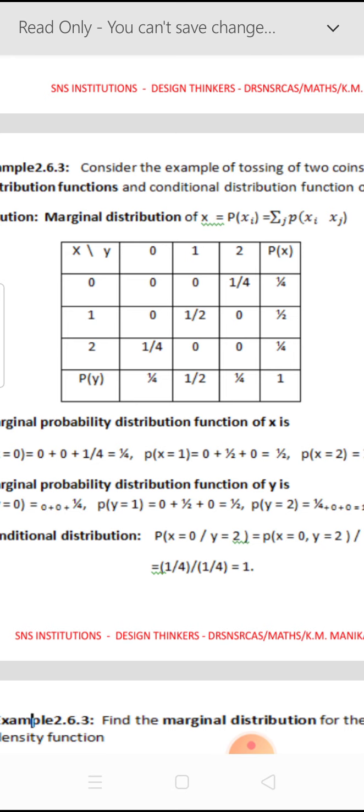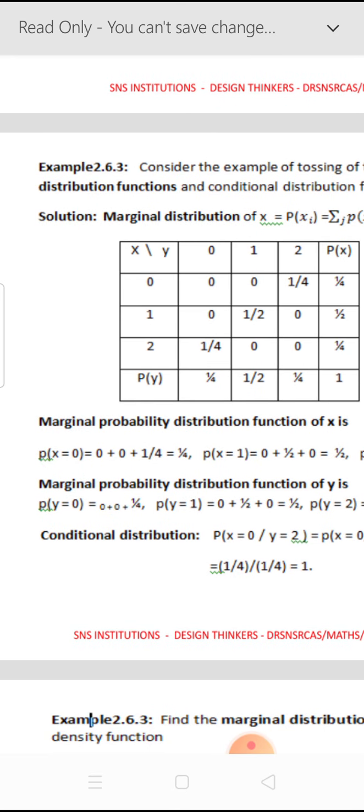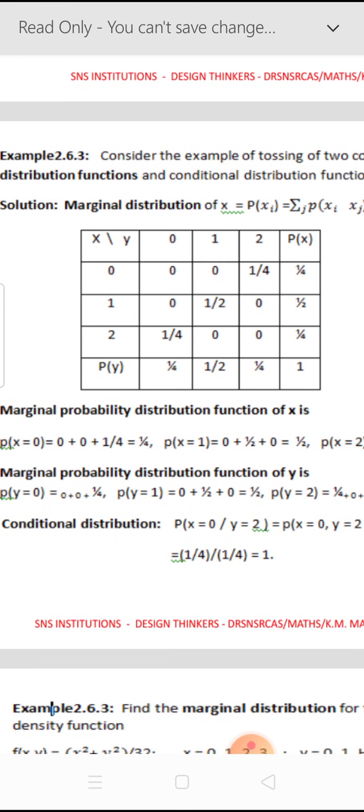That will give you the marginal distribution of X equal to 0, namely P(X = 0). Similarly, P(X = 1) is obtained by adding the elements in the second row, namely 0 plus 1/2 plus 0 equal to 1/2. And P(X = 2) is obtained by adding the elements in the third row, namely 1/4 plus 0 plus 0 equal to 1/4.